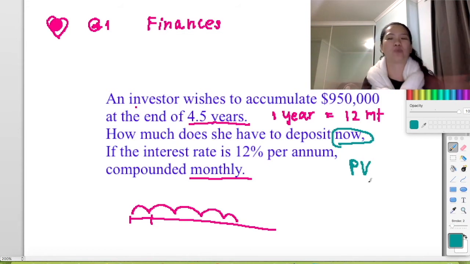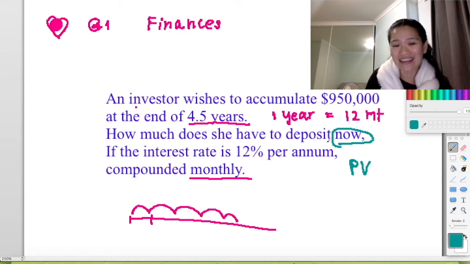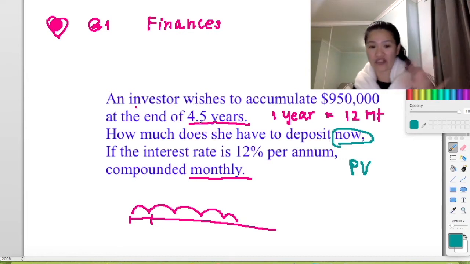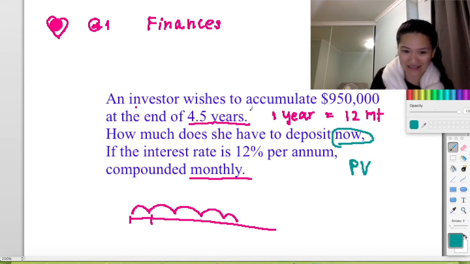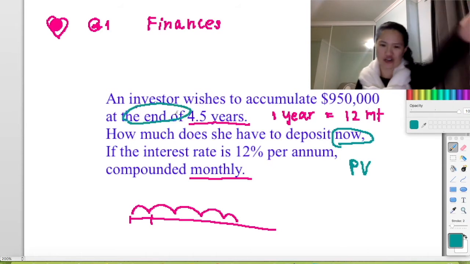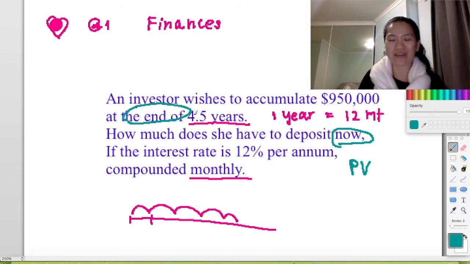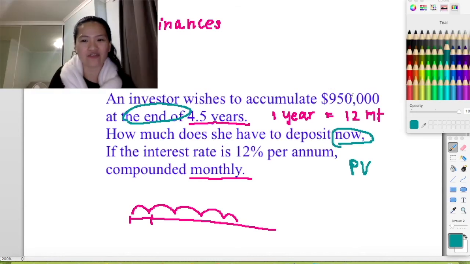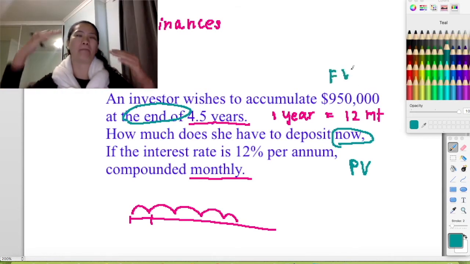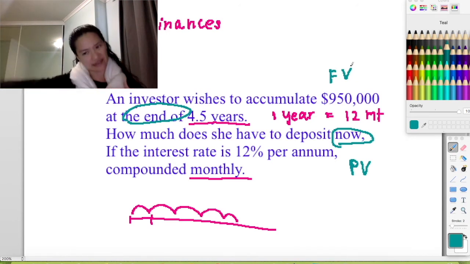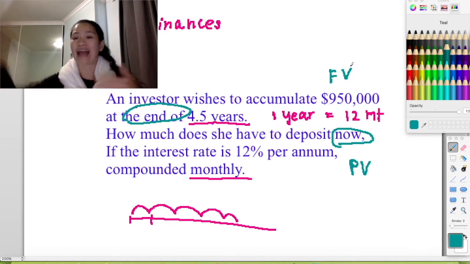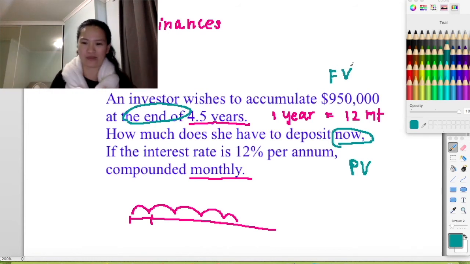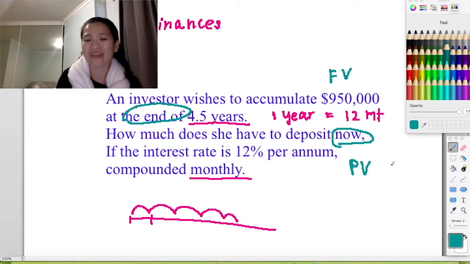I'm going to write out all of the formulas for you. And at the end, 4.5 years at the end, that means money in the future. So 950,000 is the future value, the money that you're going to receive in 4.5 years. But what you're going to deposit now, PV, is what you want to find.